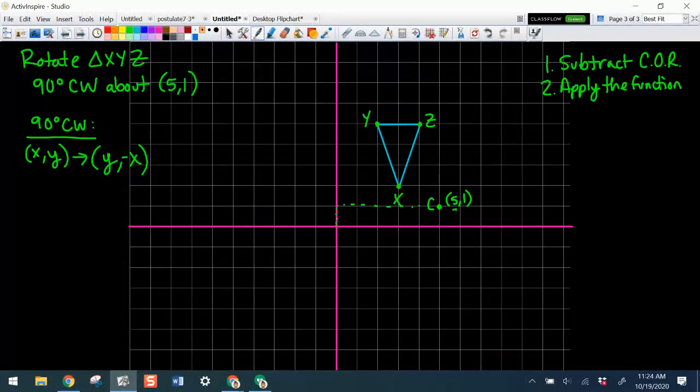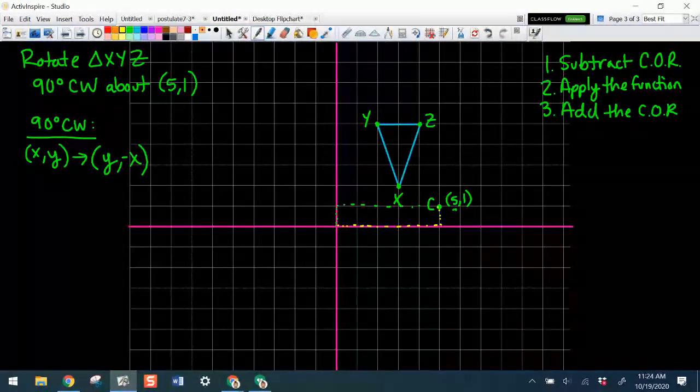So once we have, quote unquote, translated it to the origin, we'll use the function, and then we will add the center of rotation back. We'll add that coordinate back. So by adding 5 and adding 1, we essentially move back right 5 and up 1.